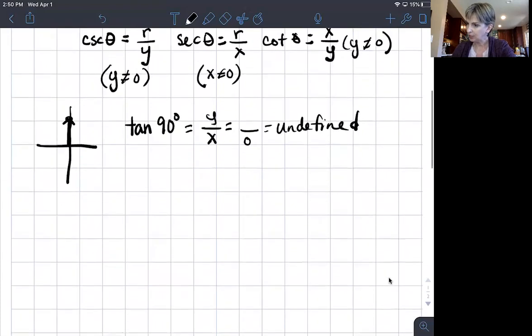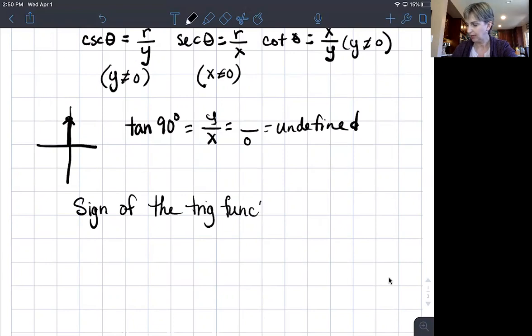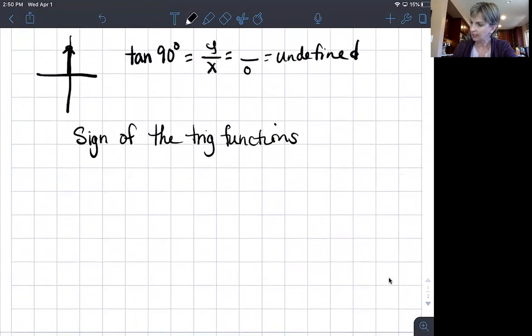Okay, now we do have signs of our trig functions that we can watch out for. We're going to be using these in just a second. Signs of the trig functions, and a little way to help us remember them. Okay, in quadrant 1, all of your trig functions are positive.